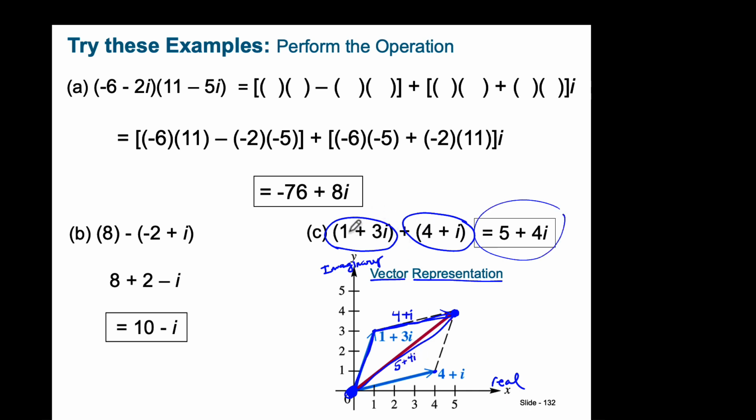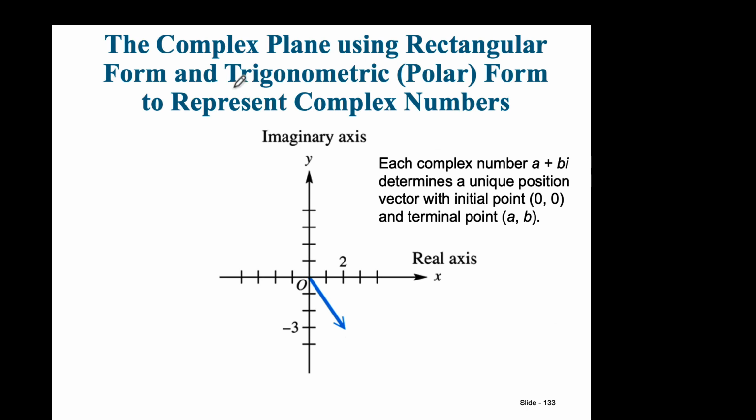So great job working with the numbers, but this is what it would look like in vector representation, which we're going to talk about in more detail here. The complex plane uses rectangular form and trigonometric or polar form to represent complex numbers. Here is what looks like the rectangular coordinate system with the addition of those labels that we added in that last example.